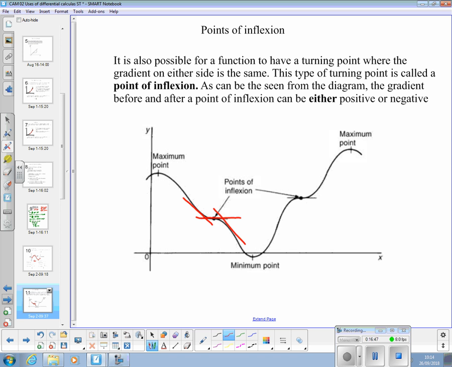And on this one, either side of that point, we've got slopes that are both positive. So there are two types of point of inflection that we could come across. They're not going to happen in quadratics, but possibly from cubic equations upwards you can get points of inflection as well.